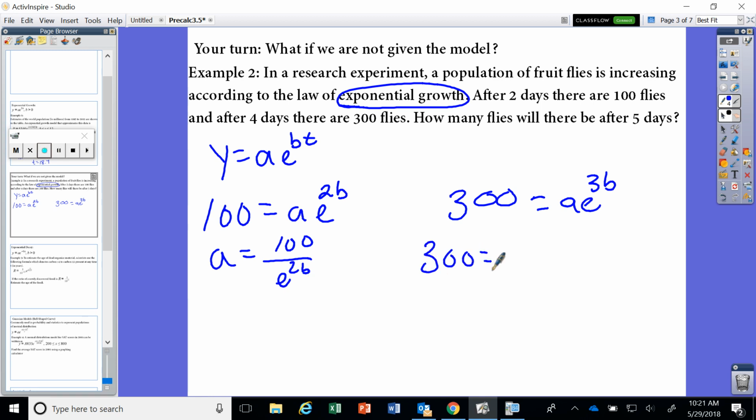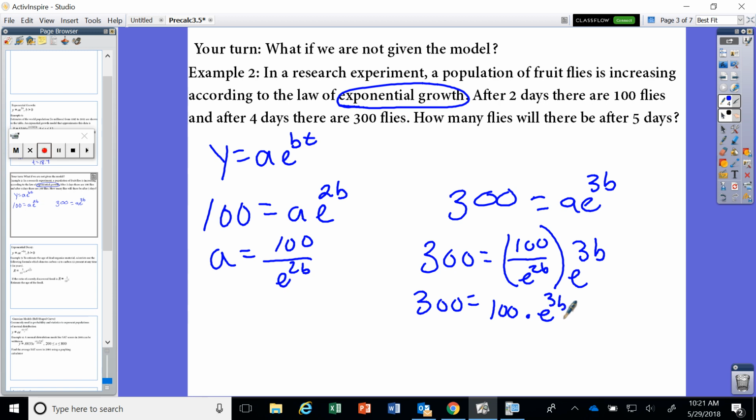So 300, we just said A was 100 over e to the 2b, times e to the 3b. Now everything is at least in order here. Well, take a look at what happens here, folks. Oh, I'm sorry, this is 4b.